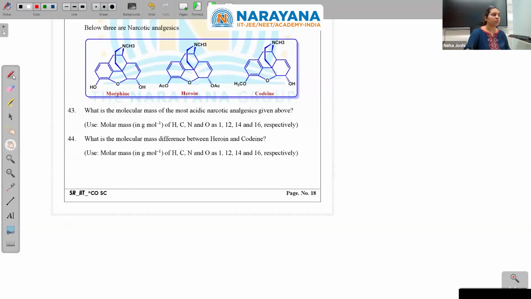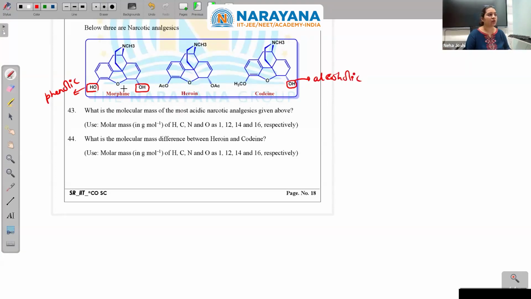Now, if we compare which one is most acidic, OH, OH, and OH. This is not at all acidic in the competition. These two are there. And amongst these two, if we compare, okay, this is a phenolic OH. This is an alcoholic OH.